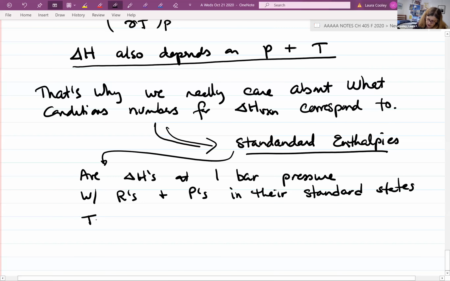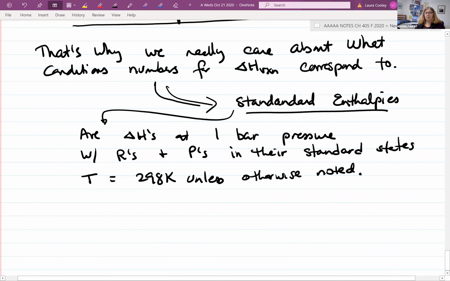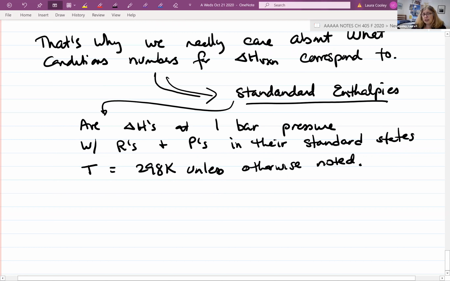And the temperature is 298 unless otherwise noted. So you can definitely have a standard enthalpy change at 400 Kelvin or whatever temperature, but you've got to make sure that it's noted, because if it's not noted, you'll assume it's 298.